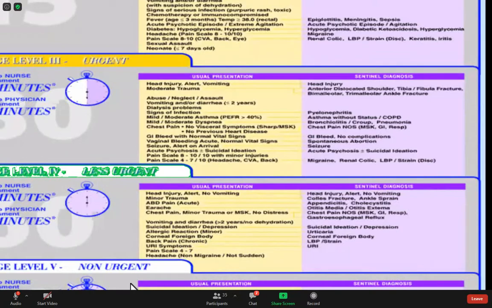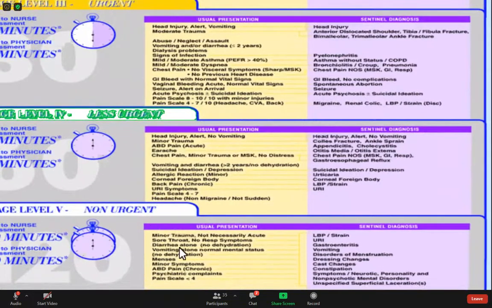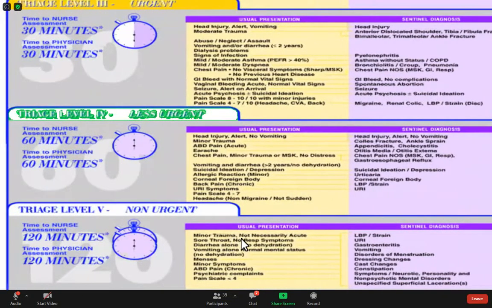Level 5 or non-urgent cases: patients with very minor trauma, not necessarily acute, meaning that the patient had a trauma 1 month ago, sore throat, no respiratory symptoms, diarrhea alone, no dehydration, normal vital signs. All these categories will be part of the level 5 patients.